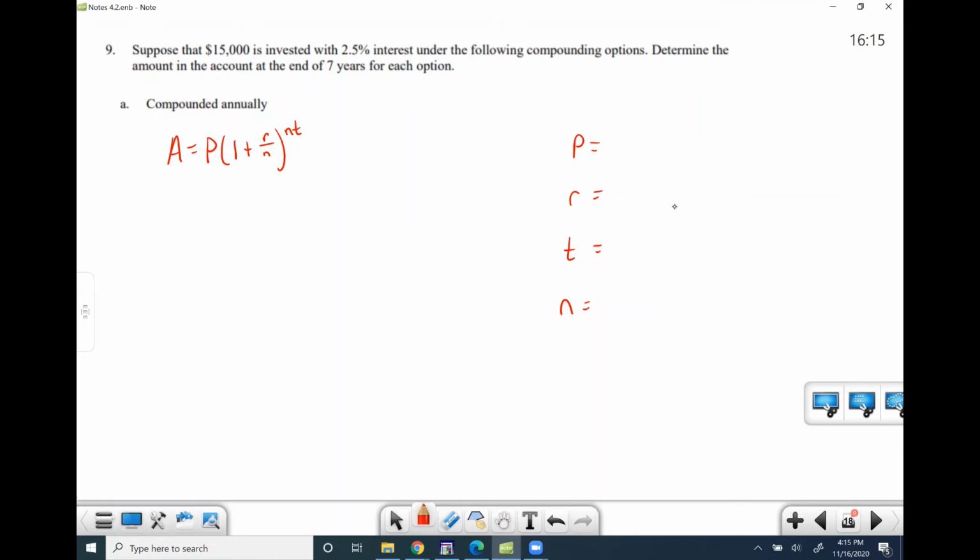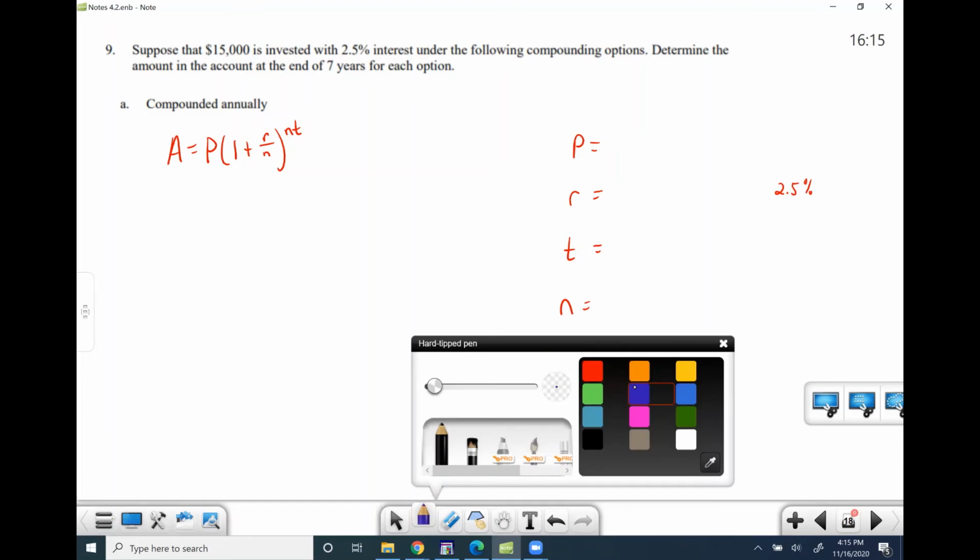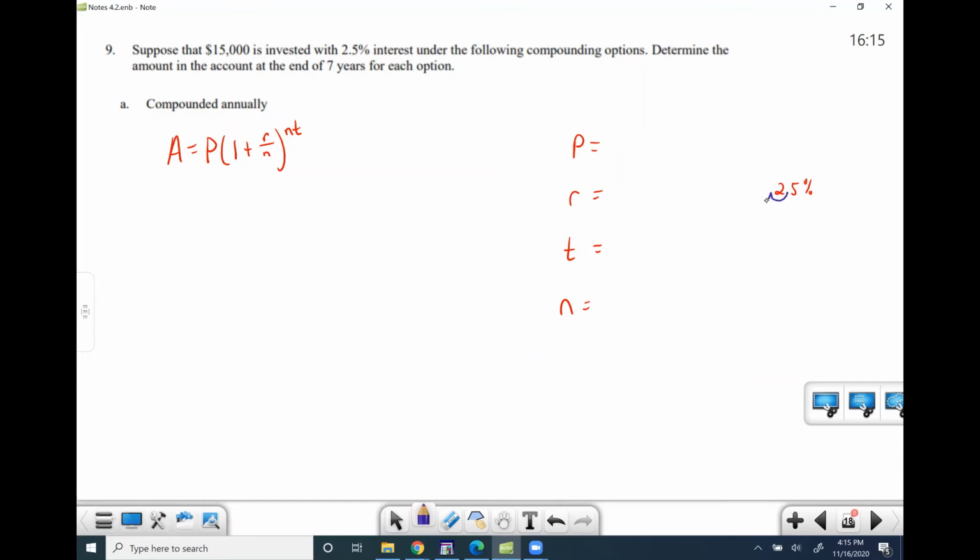So if it's 2.5%, we got to move that decimal place twice to get the decimal. So our R is going to be 0.025. Okay, good. We got the R. Shai is saying T would be 7, and it's already in years, so we can just keep it.